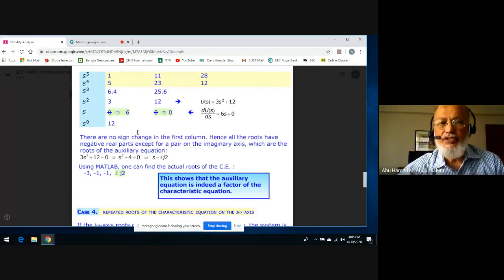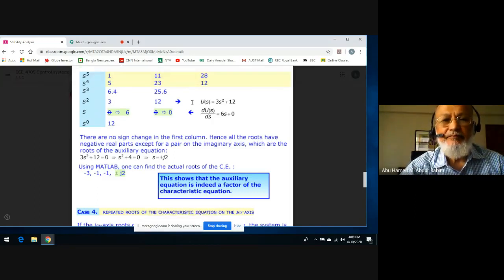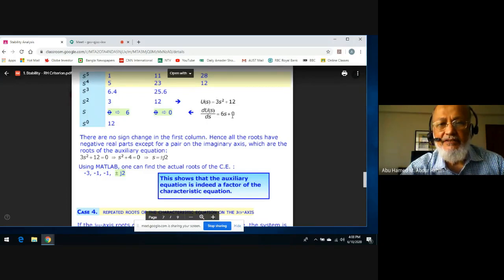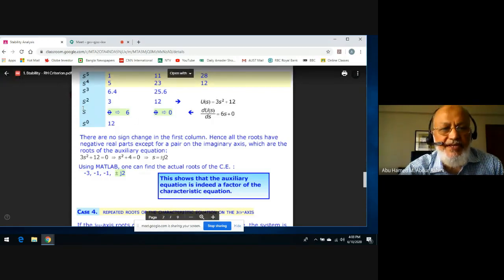The procedure, these people, Routh and Hurwitz, they worked on them and they found out all this and there are proofs and so on. For you, don't bother. You just follow the procedure. So what we do, we write the auxiliary equation, differentiate the equation, and the coefficients we get, we substitute them. Look at this. When you differentiated, you got 6s. So you got the coefficient of s to be 6. Coefficient of s. S is here.